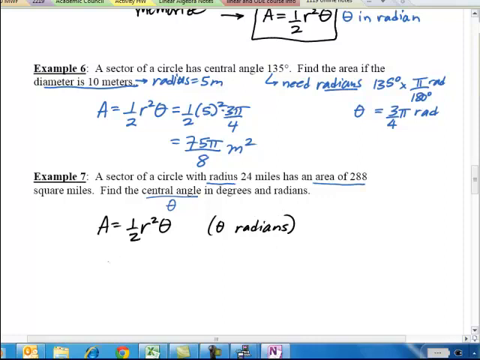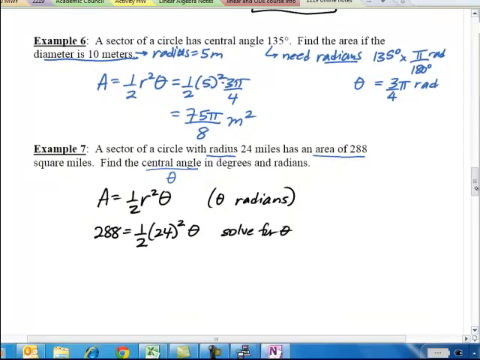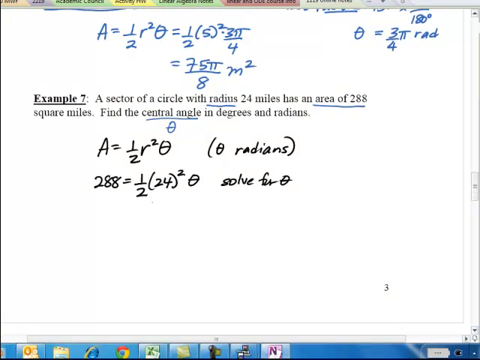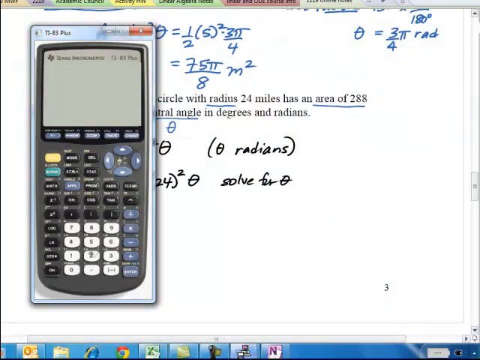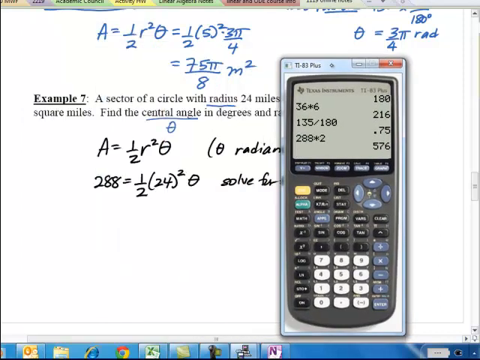So we know A, and we know the radius. We don't know theta. So we'll solve for theta. Let's see. If we multiply both sides by 2, and we'll then also divide by 24 squared.